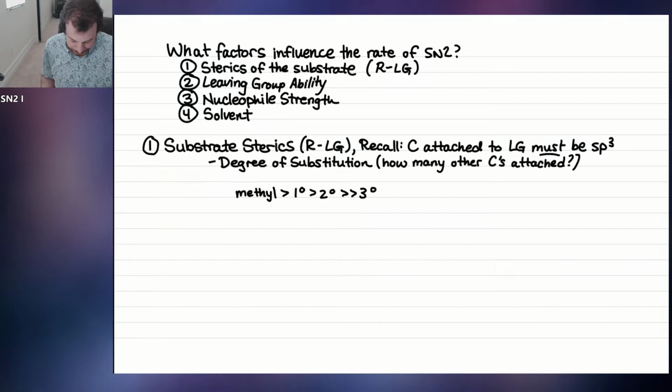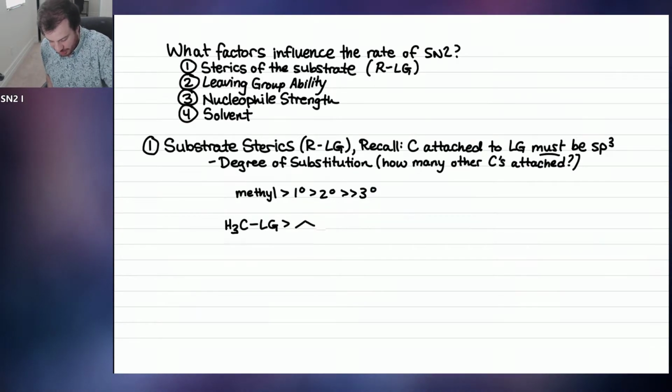Okay. Methyl is the situation where there are no other carbons attached to the carbon that's attached to the leaving group. Primary means that there is one carbon attached to the carbon that's attached to the leaving group. So if you look at this molecule right here, this is the carbon that's attached to the leaving group, and attached to that carbon is one other carbon.